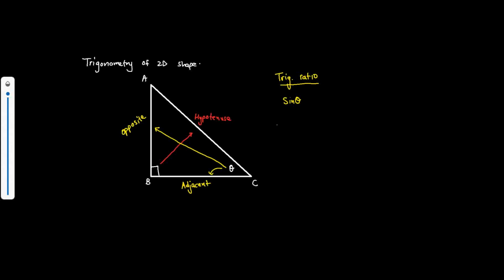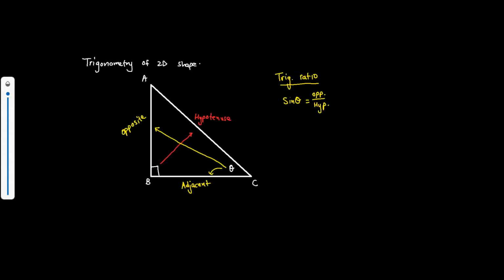Now, you cannot just write sine. It's sine of the angle, so we're referring to theta. Sine of the angle is always the opposite over the hypotenuse, right? Opposite over the hypotenuse.